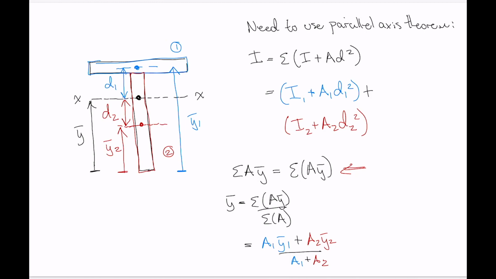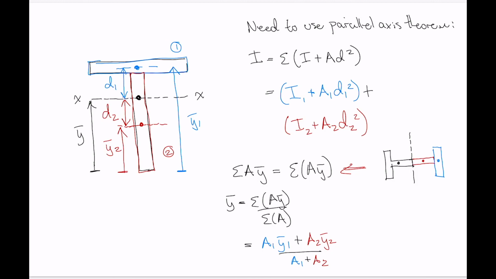We're basically comparing the relative moments of the full cross-section, if I flip the T-beam on its side, and balancing it by comparing it to something made up of its component shapes like this.